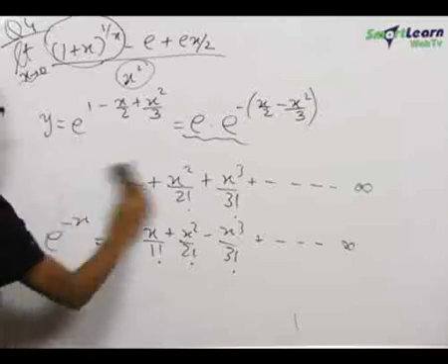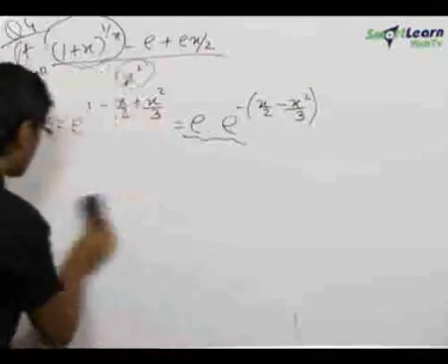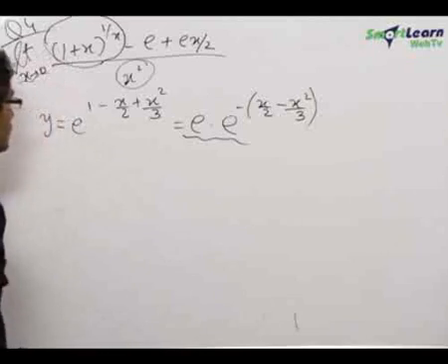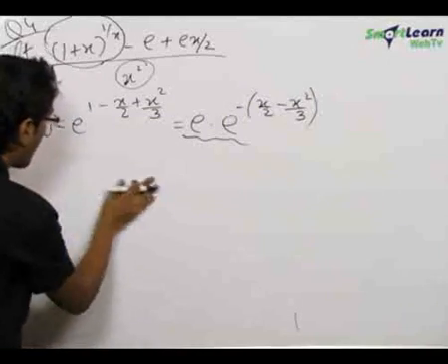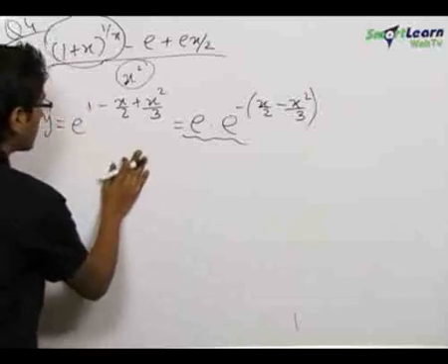This is also a very important expansion of e power x, which I would request you students to remember because it can be highly useful in some of the ln and exponential limit problems.